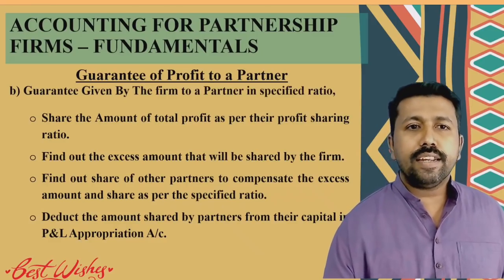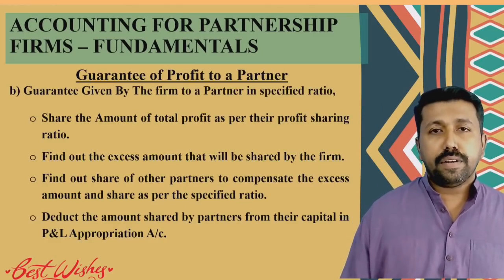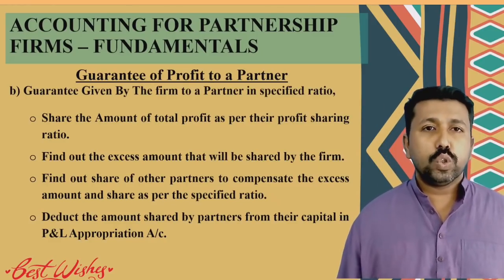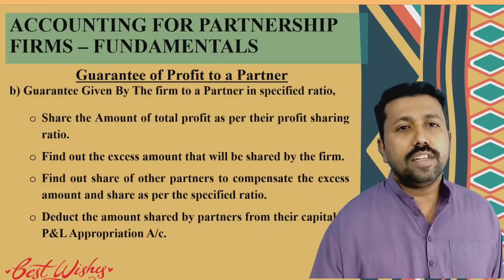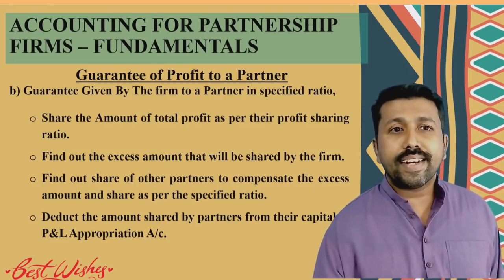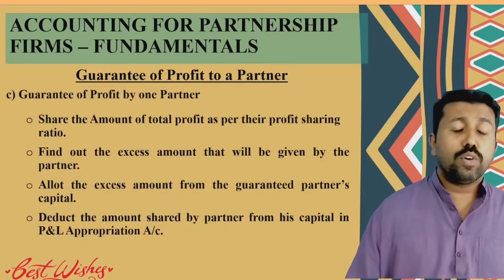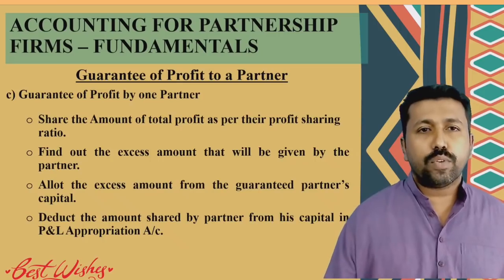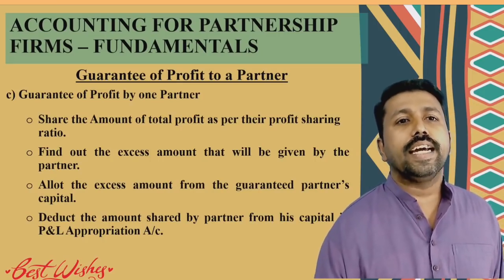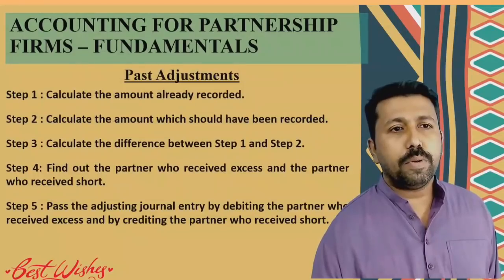And if the guarantee is given by the partners in a specified ratio, that deficiency amount will be shared by the partners in that particular specified ratio. If the guarantee is given by only one partner, that net deficiency will be deducted from that partner who gave the guarantee. So that is a very, very important area.